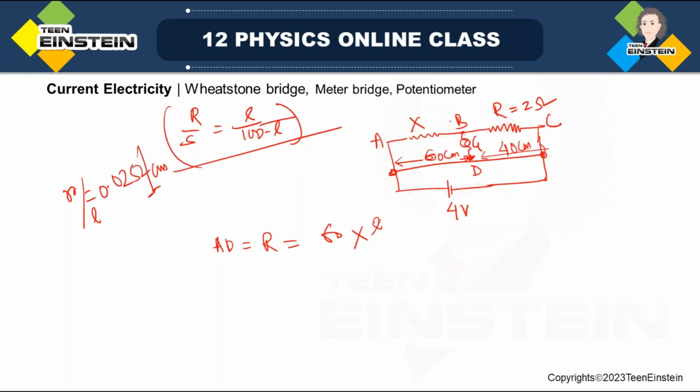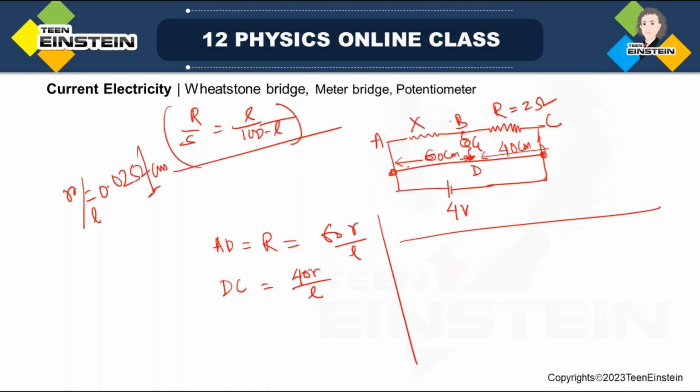I'll just multiply so that I get the resistance, so this is 60 R by L. All right, so AD, and then DC, similarly, is 40 R by L. Here we know that no current is flowing through the galvanometer.